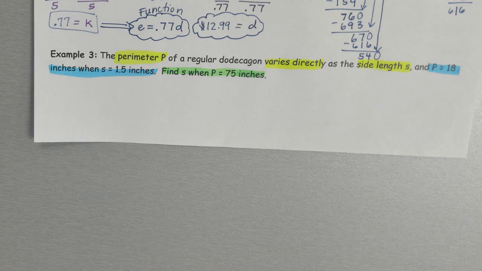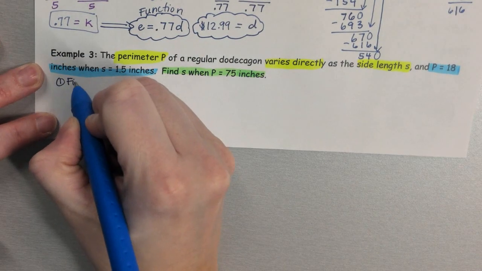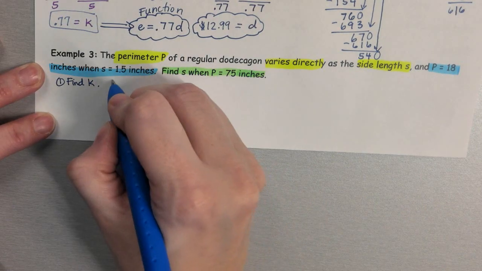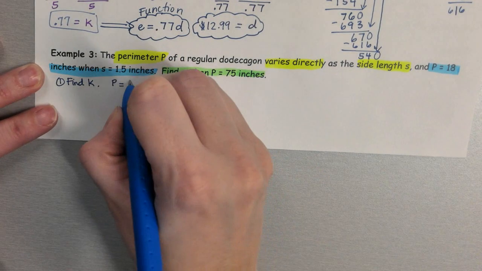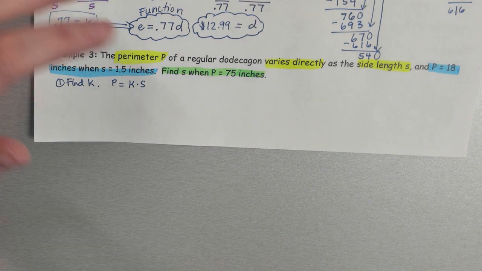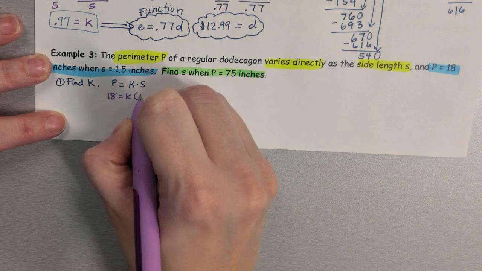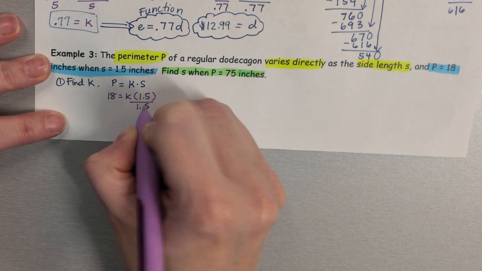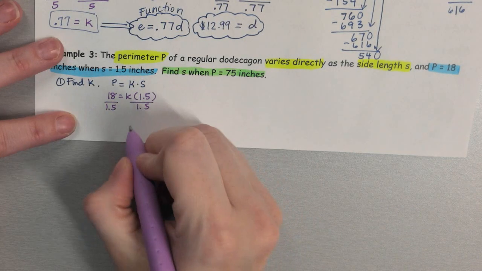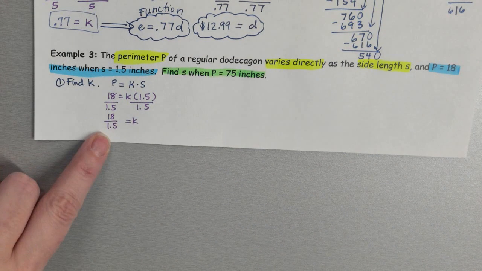Alright, let's see what we plugged in. So remember, your first step is finding K. And one thing I always suggest is rewriting this with the variables that they give you. Okay, so you're going to find K, and this is the perimeter P, varies directly, so K times the side length S. Okay, so your value for P is 18, and then S is 1.5, so you're dividing both sides by 1.5, and you can absolutely do long division, or remember, like I told you, if you have a decimal that ends in 5, you could just do what?